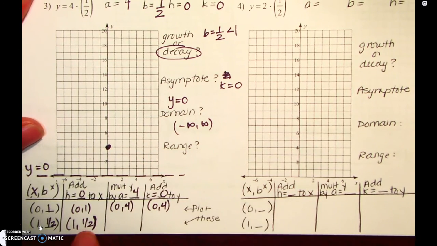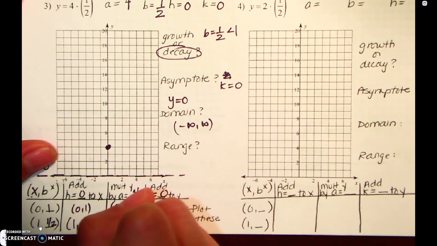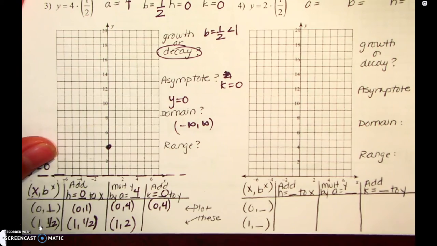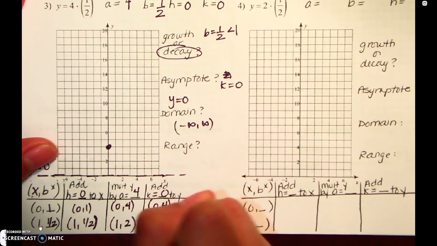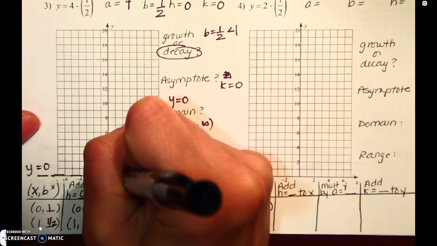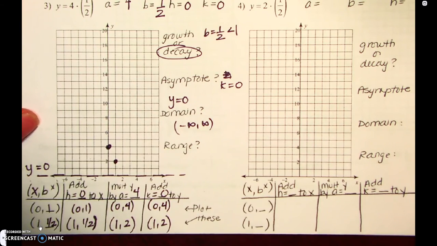In this case, y is 1/2, so 4 times 1/2. Half of 4, in other words, is 2. Okay, and then I add 0 to y. So we're going to be left with the same number. So I'm going to go over and plot it. I'm going to go to the right one and up 2. Those are my 2 dots.